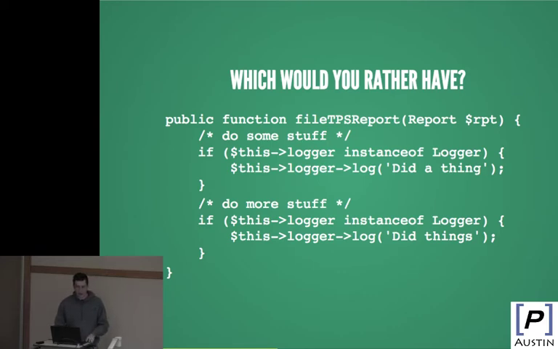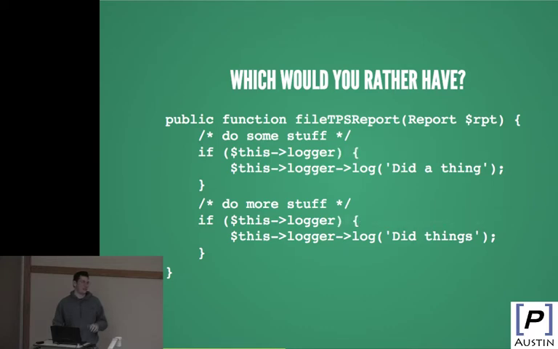Or, realistically, we have a check on our setter injector saying set logger of log interface, so we really don't need those instance of checks. We can just check whether the dependency is there. That's fine. You're still having to check for the existence of that dependency.